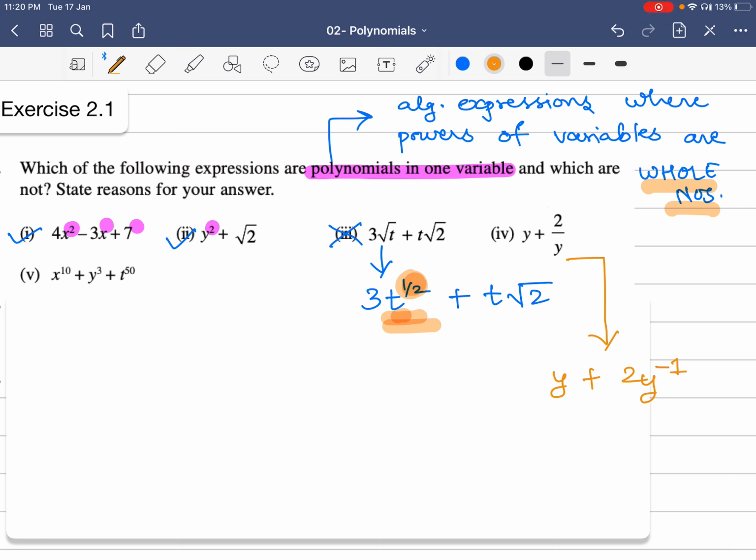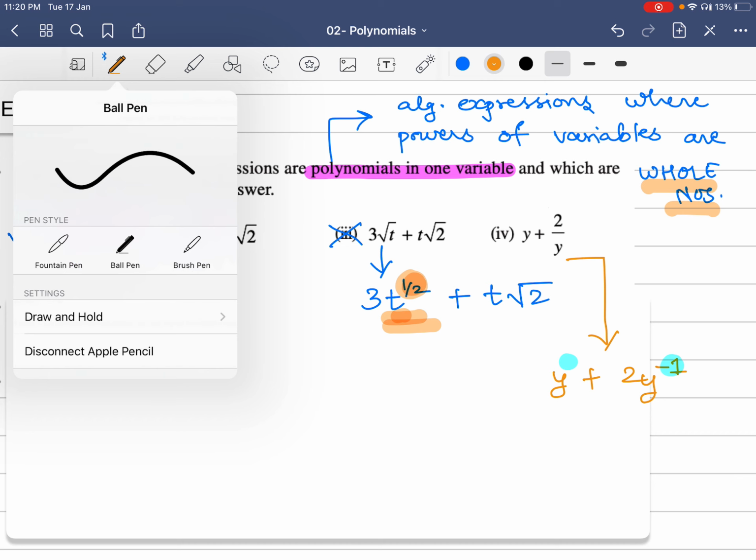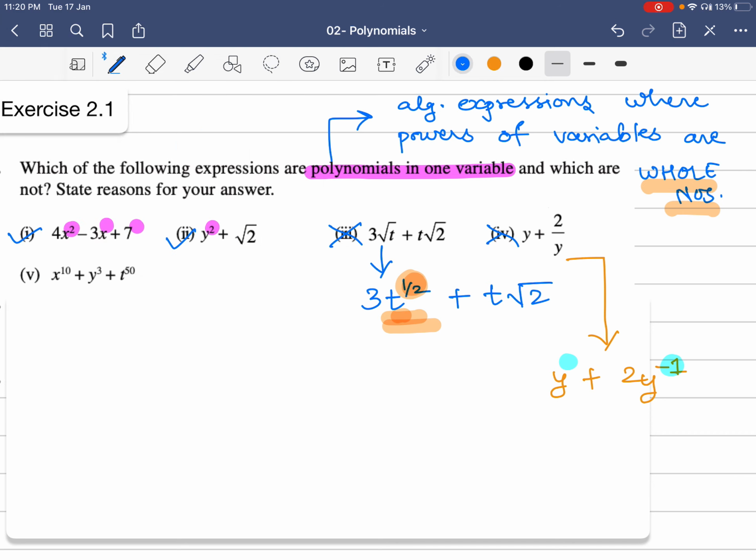Now, if you focus on the exponent, here the exponent is 1, which is a whole number, but this exponent is minus 1, which is not a whole number, it's an integer, a negative number. So again, this is not a valid polynomial, so we cross it out.